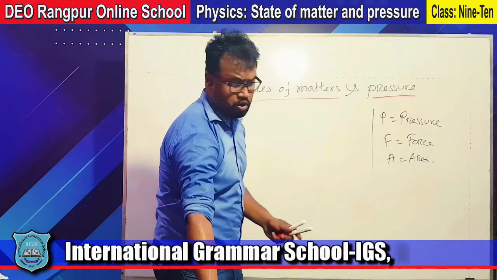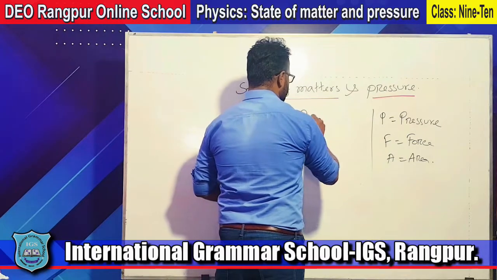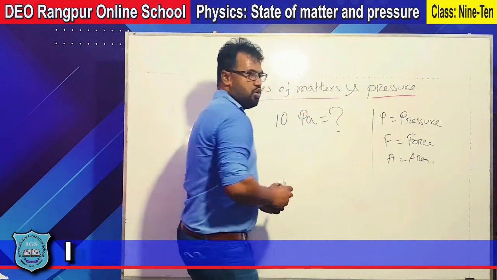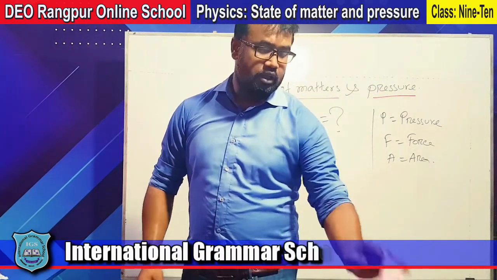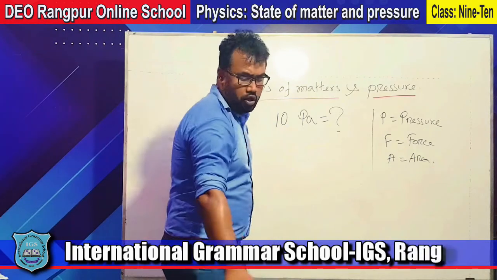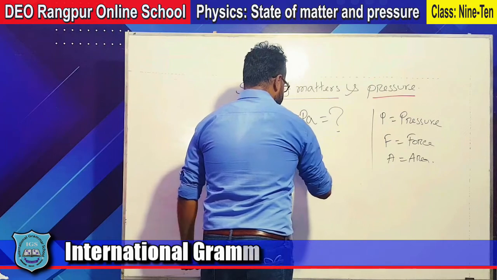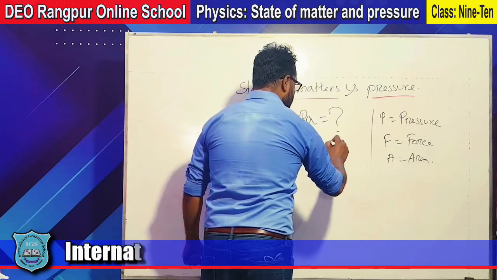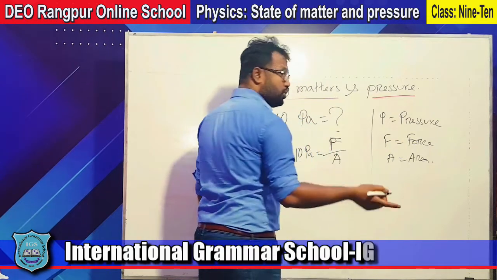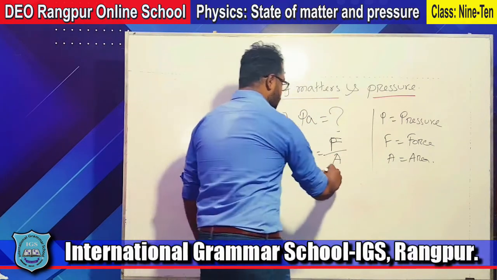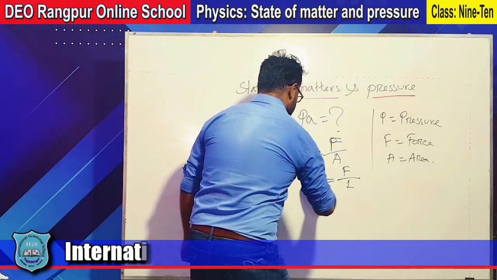Now if I ask you, what do you mean by 10 Pascal? We can easily write it this way. 10 Pascal equals F by A, and from the definition of pressure, the area will be 1, and the force equals 10.